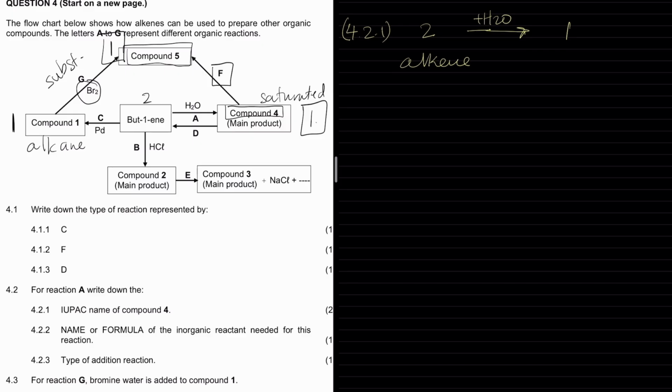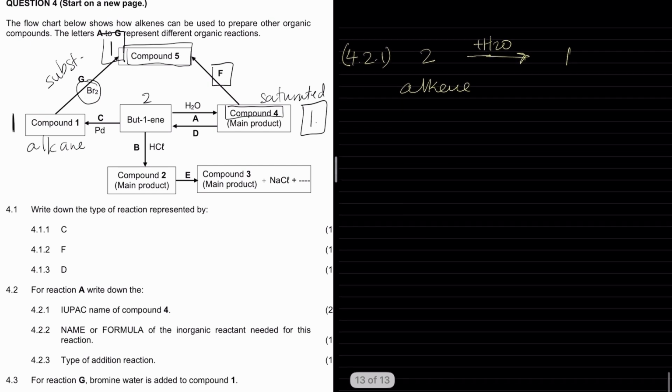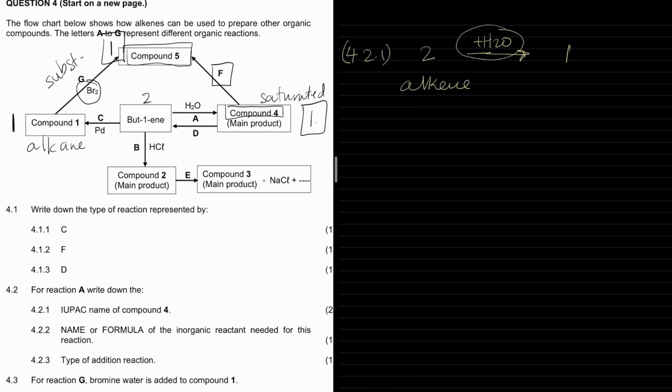Right? So this, as we said earlier, A, this had to have been an addition reaction, right? And if we are adding water to an alkene, we are going to be making an alcohol.